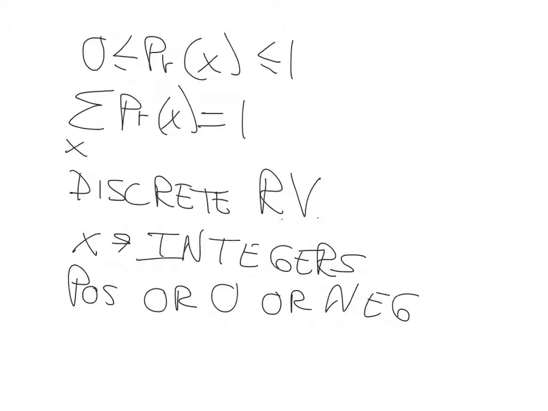Nothing wrong with negatives. But you're not going to have fractions. You're not going to have decimal extensions, anything like that. That's what we have done so far. And when you get caught up in a second, I'll show you what happens in the continuous case.